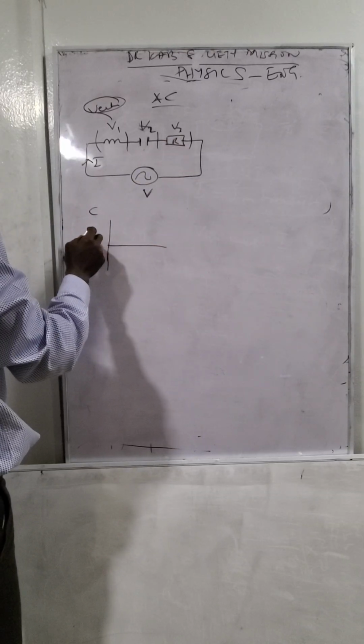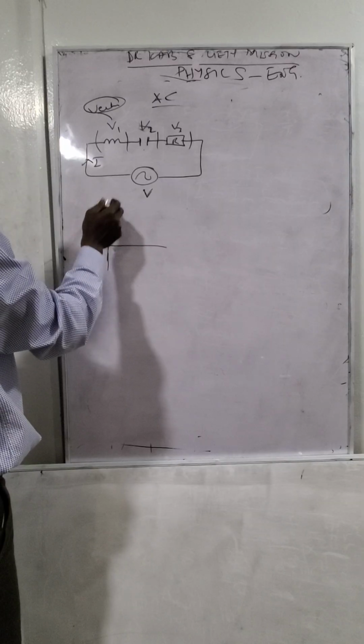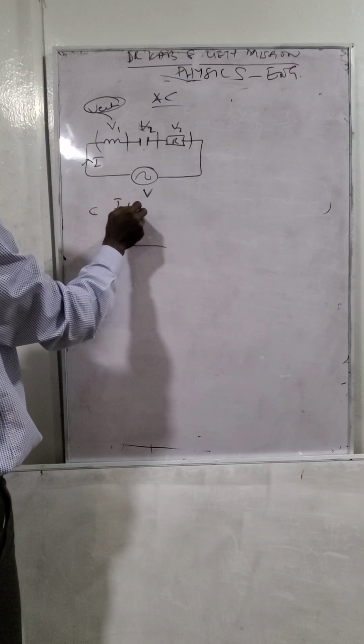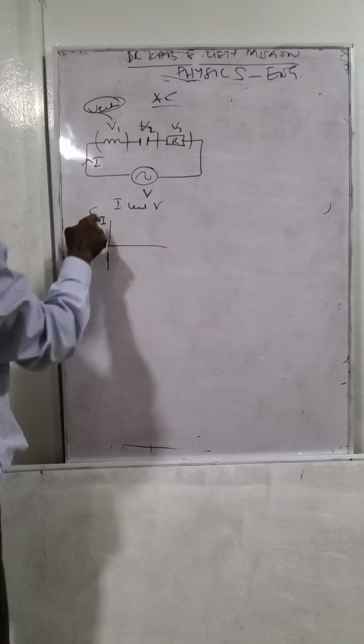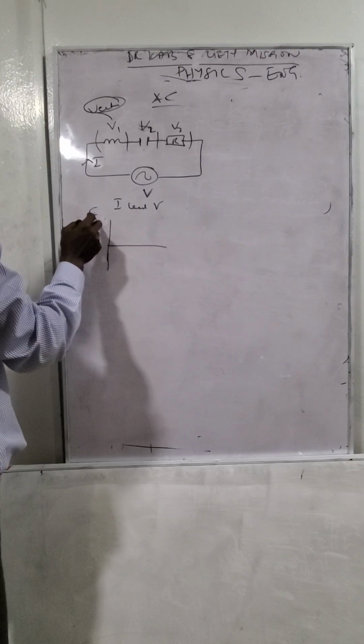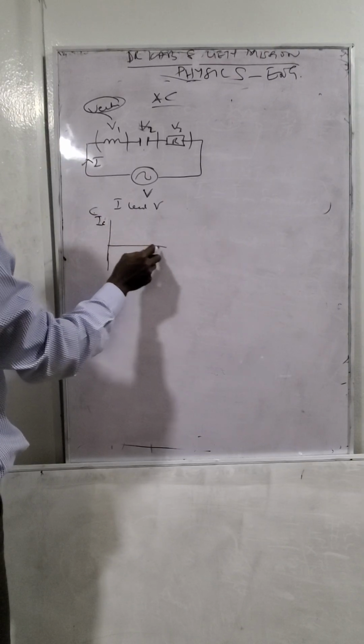In the case of a capacitor, current leads voltage, so this will be I_C, leading voltage.